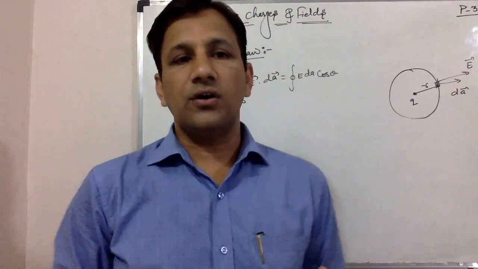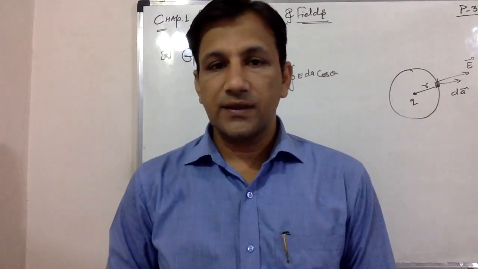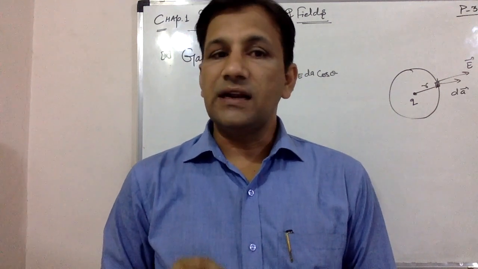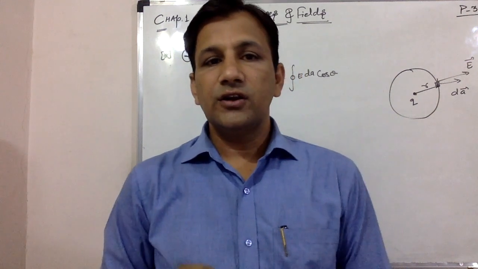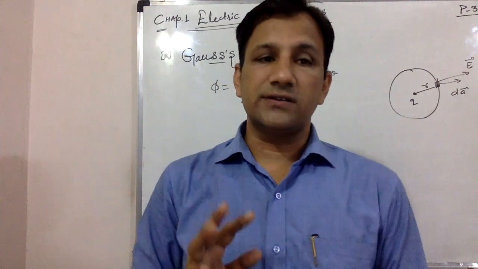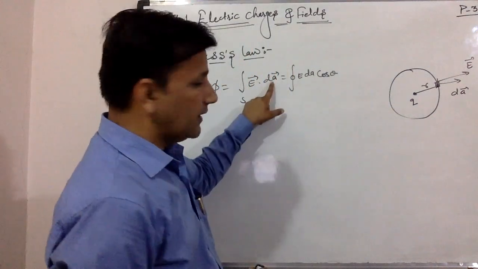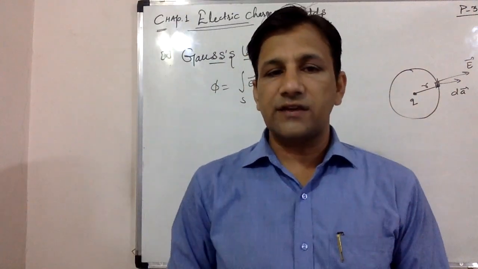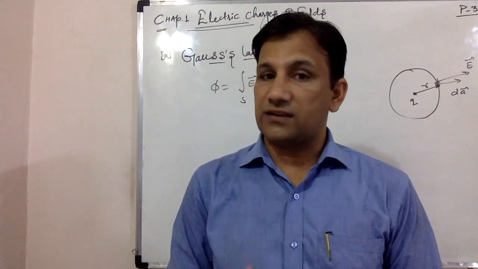All the points on the surface are at the equidistance from the center. Hence, the magnitude of the electric field will be the same at every point on the surface. The electric field due to a point charge is radially outwards. Hence, the area vector dA of each surface element will be along the direction of the E vector.